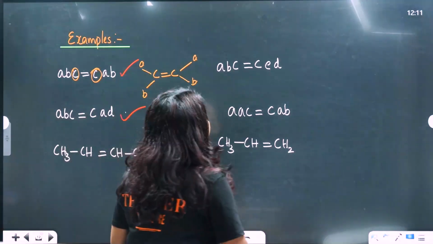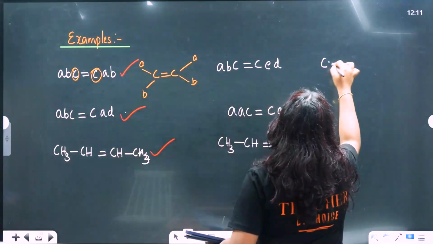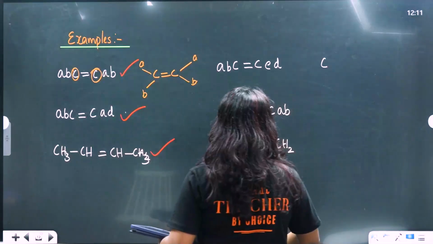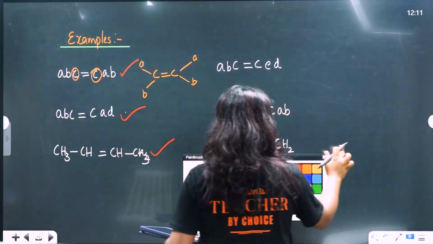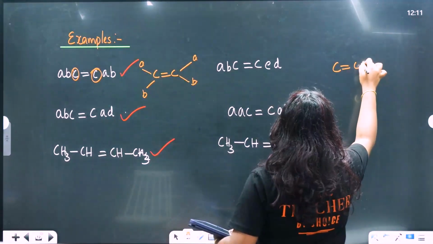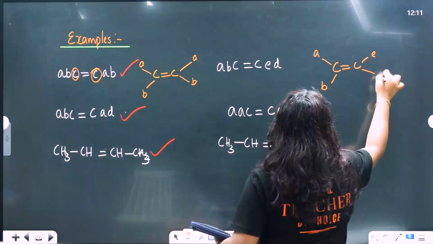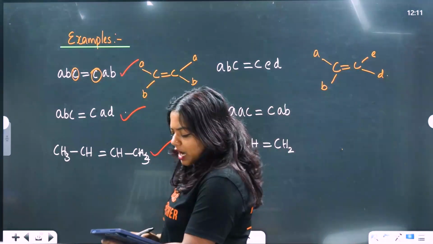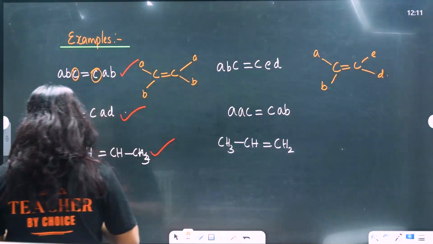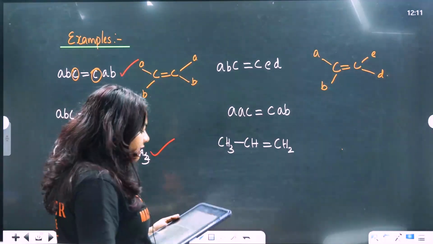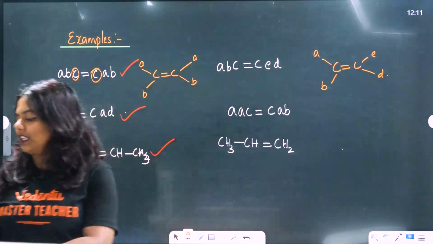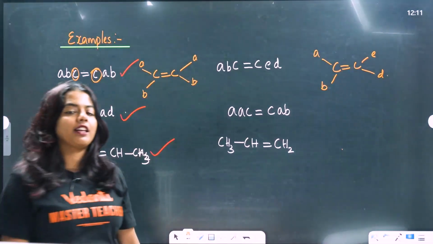Okay, next one: this has all the valencies of the two carbons different, which means it does not come under this category. That is called E and Z configuration, the R and S configuration.